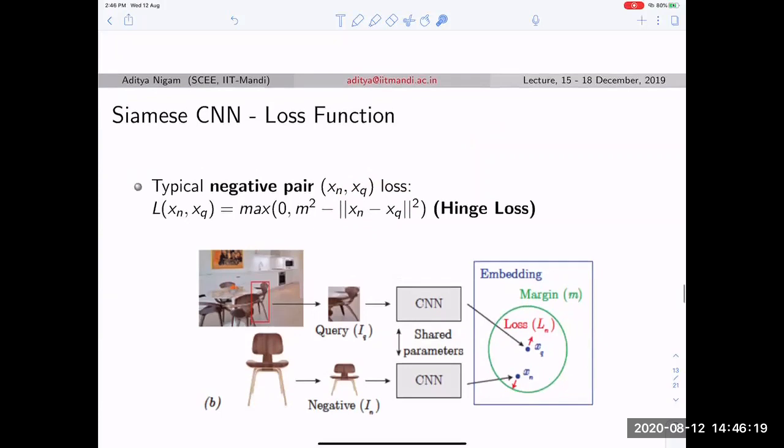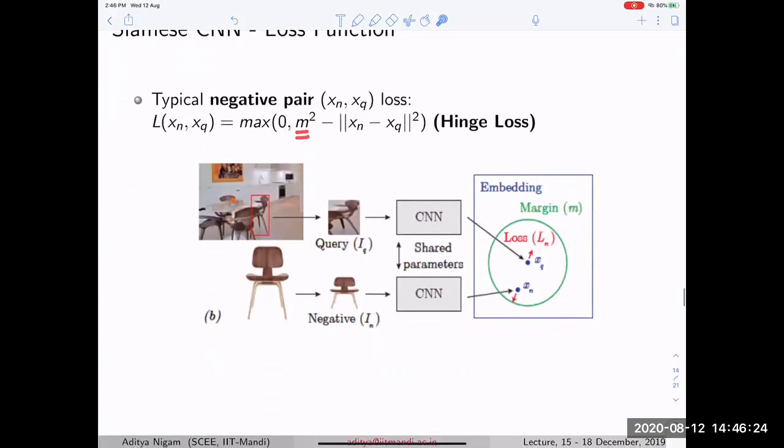And if these 2 points are under this, they are going to get loss. But how much loss? How close you are. So you can see over here, if they are very close, you are going to get this loss. If xq is here, anything which is inside this, you are going to get a loss. Let me draw it over here, in red. If this is one of my points and this is my margin, anything within this, if you have any of your friends within this boundary, you are going to get a loss.